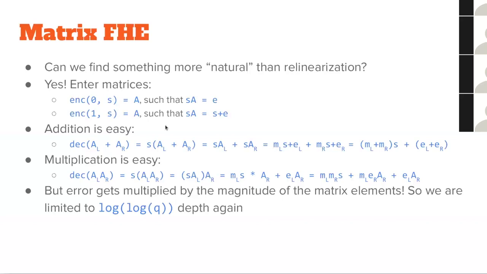So matrices, yay. Here is the context, right? To encrypt 0 with a secret key, we come up with a matrix A such that the secret key multiplied by the matrix is an error. And to encrypt 1, we have a matrix A such that the secret key multiplied by A gives the secret key plus an error, right?